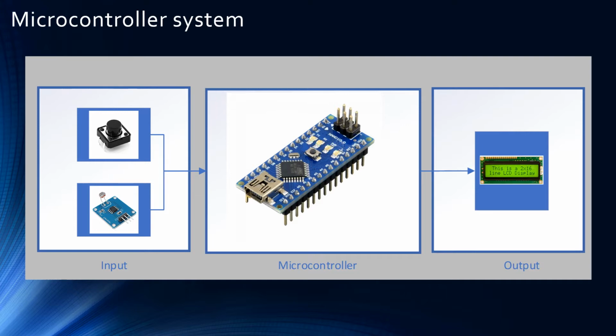The microcontroller has a processor in it, but because it's small and simple, the speed of the processor is different. In the PC system, you can get 2 gigahertz or 3 gigahertz, but in the microcontroller, usually it goes in megahertz.